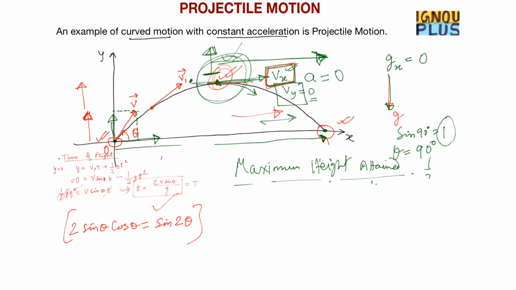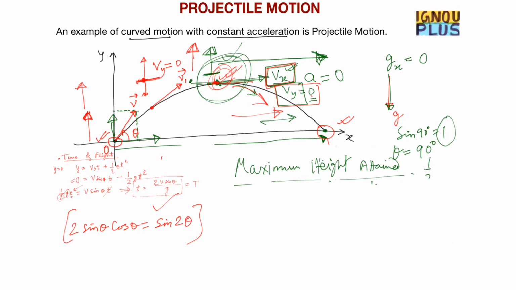But it is not going up any further, because at the highest point it will start falling down. So the y component of V is actually 0 at the highest point, because when it reaches the highest point, it is not going any further, and for a very small instant it halts, it stops, and then it starts falling down.